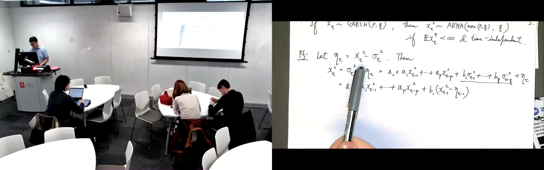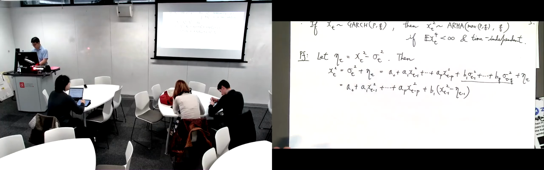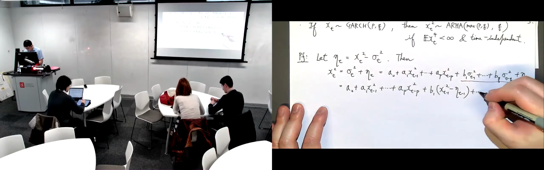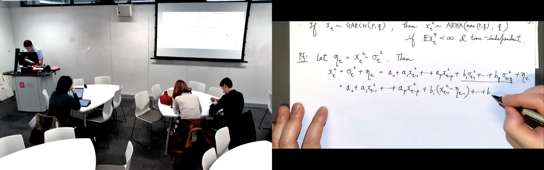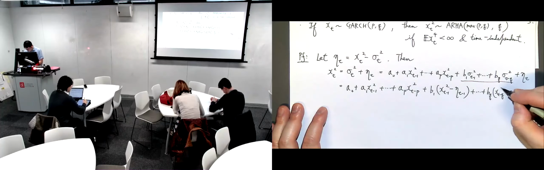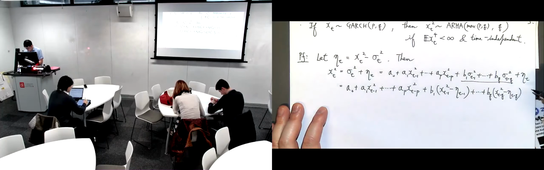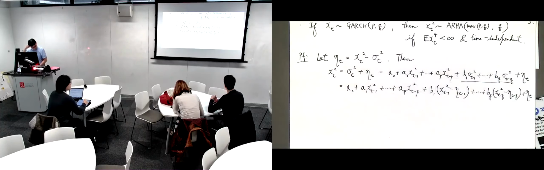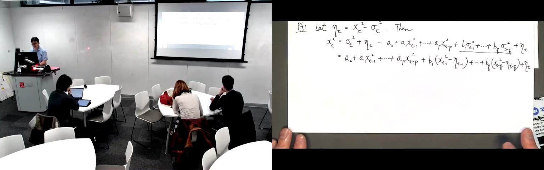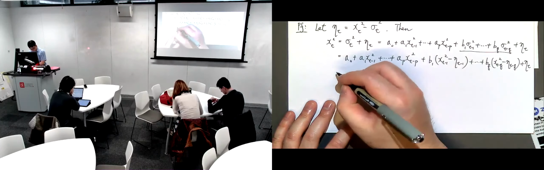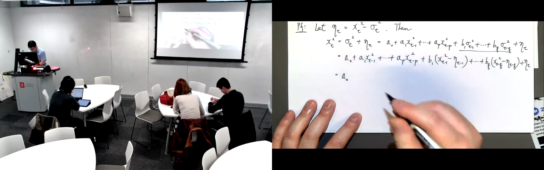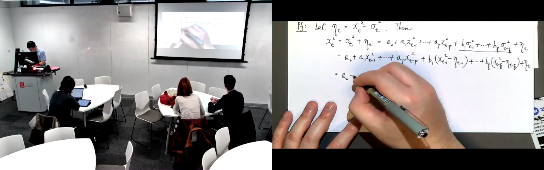That's from our definition here. All the way up to bq times x_{t-q} squared minus eta_{t-q}, and then plus eta_t, of course. So now we can collect the terms.